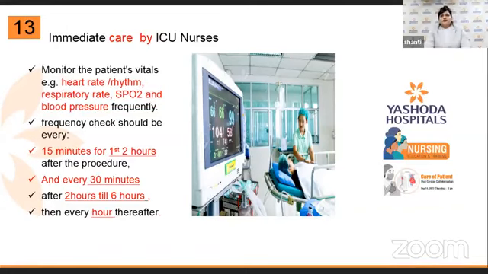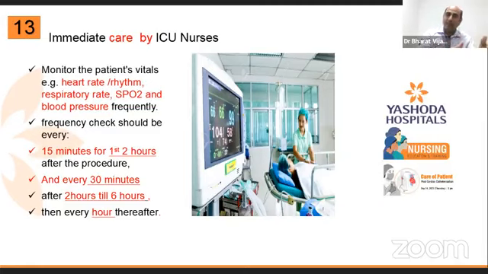If you see that the blood pressure was 140, now it is 130, and now it is 120, why is the BP going down? You cannot wait for the BP to become 90 before you alert the doctor. Because the moment you pick it up at that stage, we can do an assessment, either by a 2D echo or by assessing the groin or by doing an ultrasound, and we can pick up an early bleeding response and prevent it.